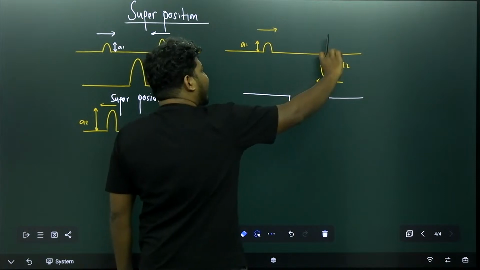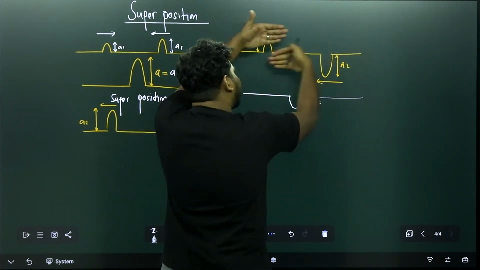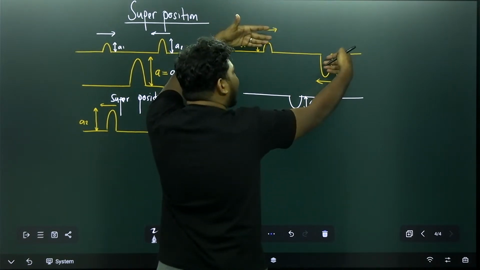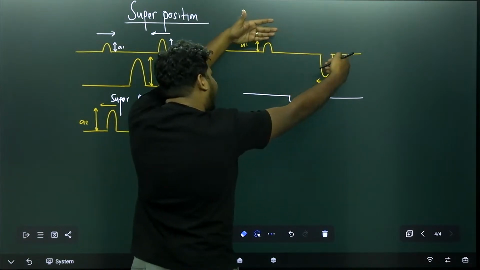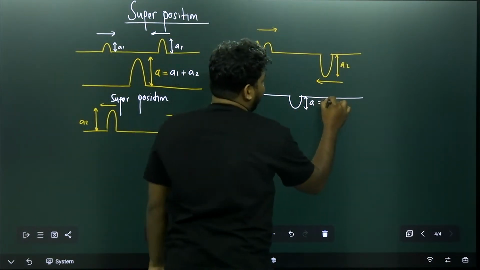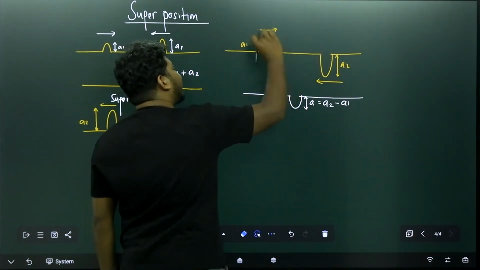This is the biggest one, this is the smallest one, and they are moving in opposite phases. There is a phase difference between these two pulses. So the resultant will be A2 minus A1, the biggest minus the smallest.